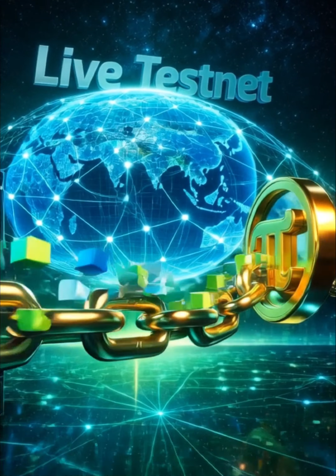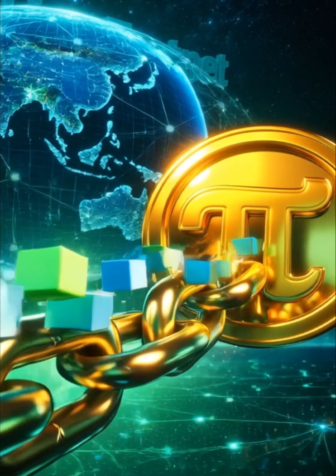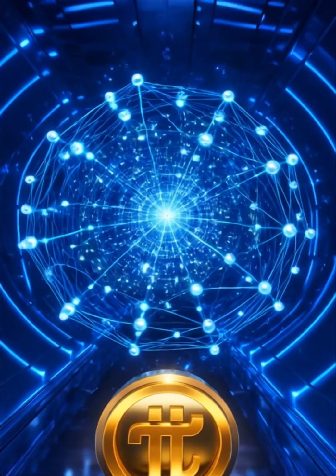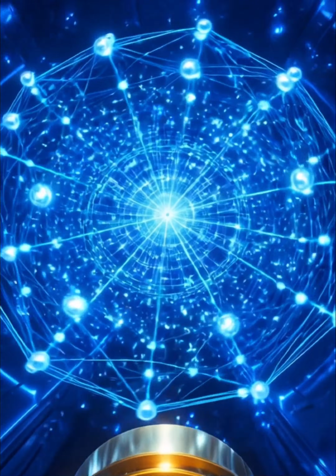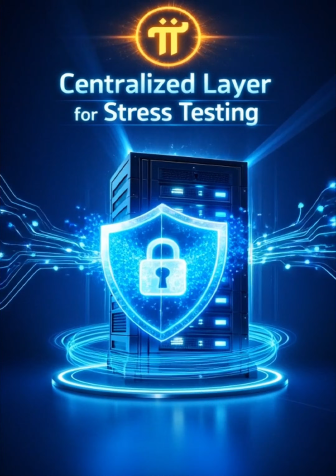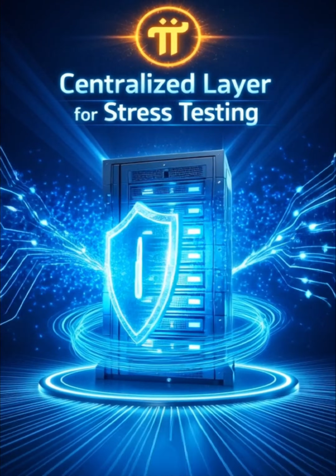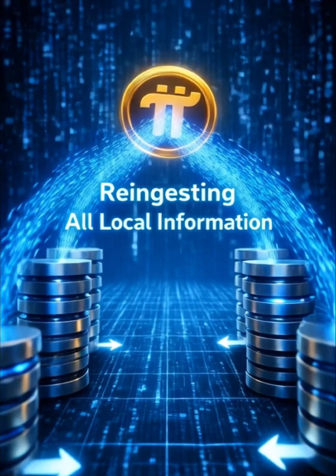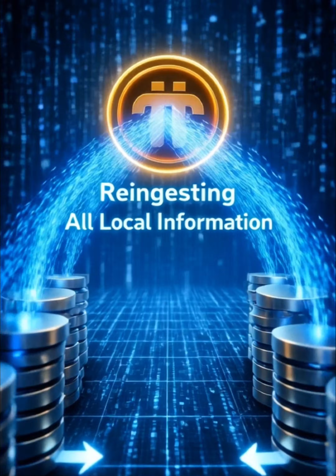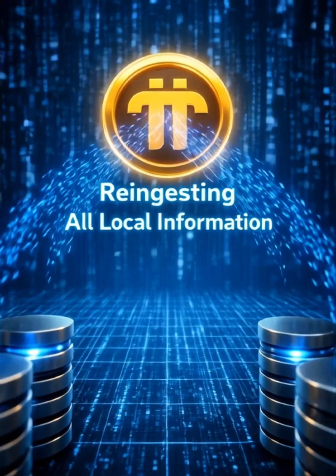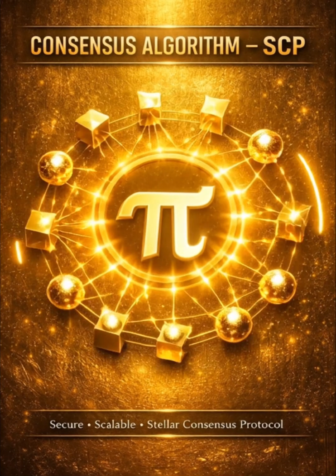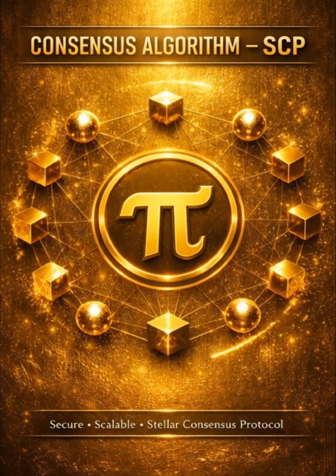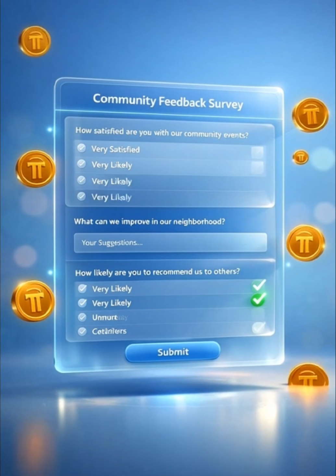As Pi develops its testnet, it follows a methodology known as progressive decentralization. In the early stages of testnet, the blockchain component of the node software includes a centralized coordination layer. This design choice allows the core team to iterate quickly, conduct stress testing, and refine the consensus algorithm in response to real-world usage and global community feedback.